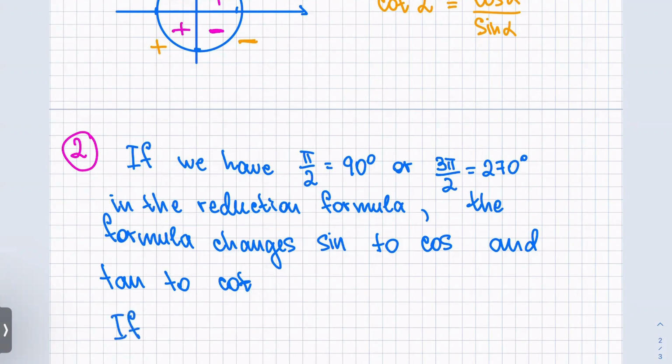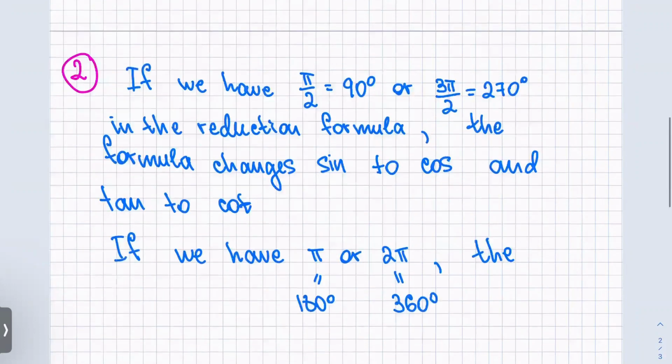If we have pi or 2 pi angles in our reduction formula, which is equivalent, this one to 180 degrees, and this to 360 degrees, then the function doesn't change in your reduction formula. So what does it mean?